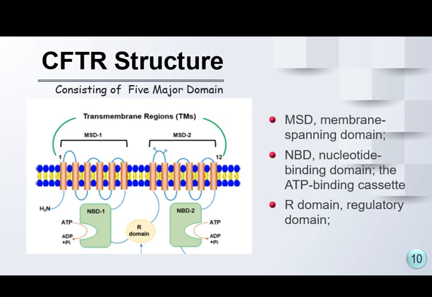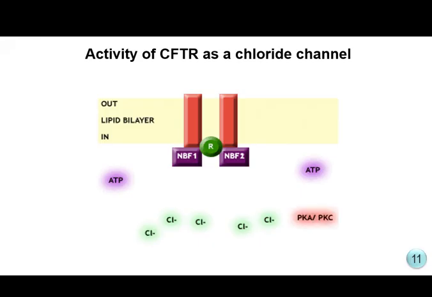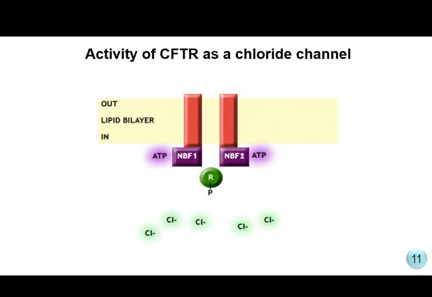And there is a very important 1, 2, 3, 4, the 5th domain, this R domain. R domain is a regulatory domain. It is sitting in between these two nucleotide binding domains, blocking anything coming through this way, right? So how does this protein work? Do I have a picture? Oh, yes. This protein kinase C, when it receives a signal from somewhere else, will phosphorylate this regulatory domain.